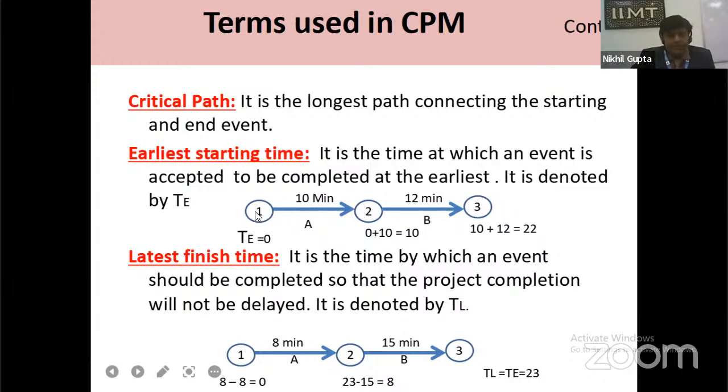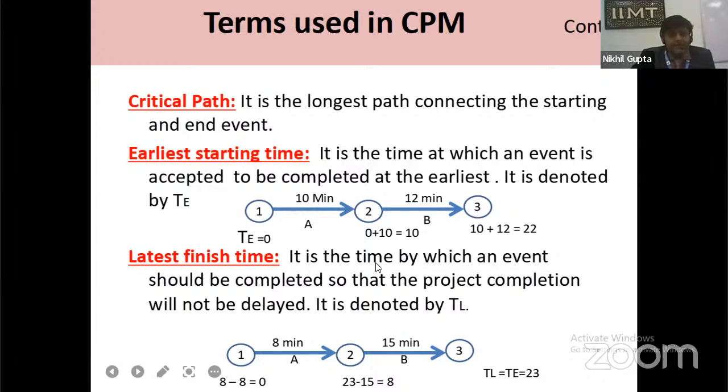In the starting event, TE is equal to 0. In the second one, 0 plus 10 is equal to 10. Then 10 plus 12 is equal to 22. These are the earliest event times: 0 for activity A, and for activity B, 10 is the earliest event time, and this is the finishing event.